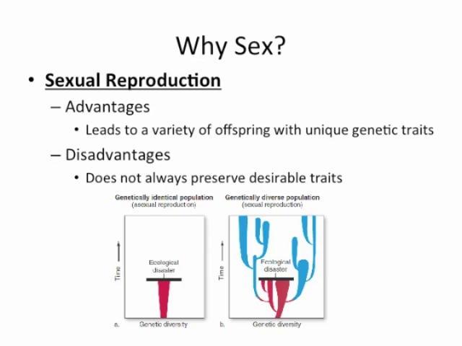So sexual reproduction, which is what we do, leads to a variety of offspring with unique genetic traits. And this is something we're going to talk about once I get into Chapter 9 and we start looking at genetics a lot. We're going to look at how traits can vary in offspring. So traits that are present in your parents might be different in the offspring. So you probably know this.